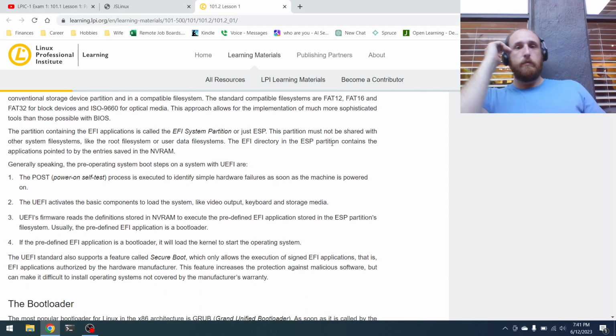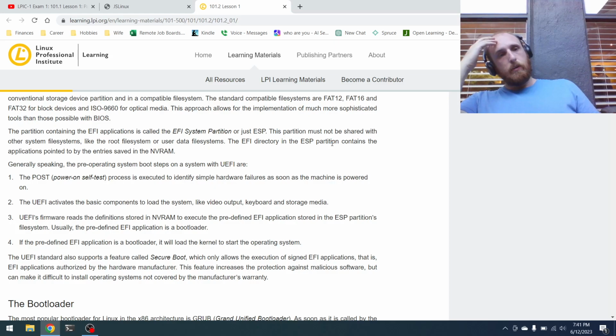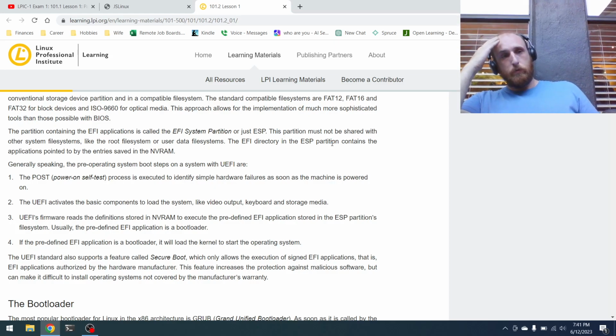The standard compatible file systems are FAT12, FAT16, and FAT32 for block devices, and ISO-9660 for optical media.